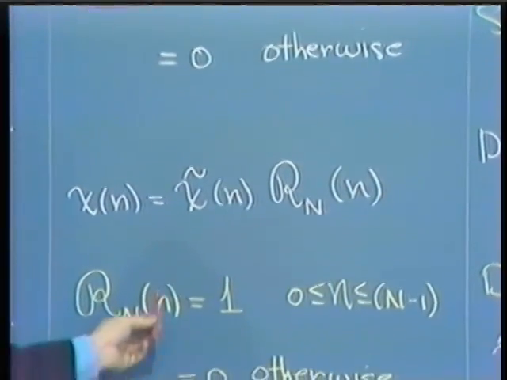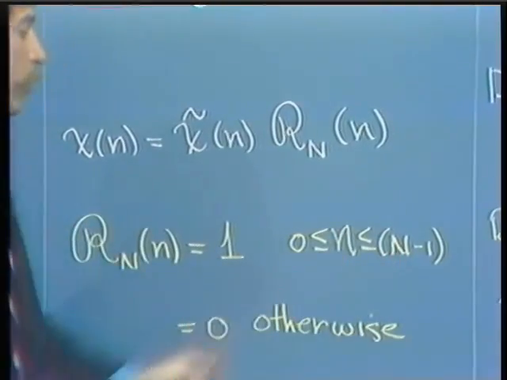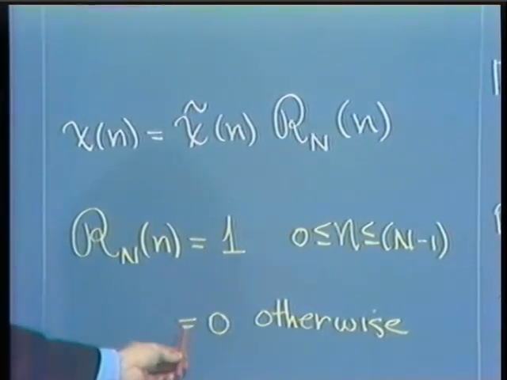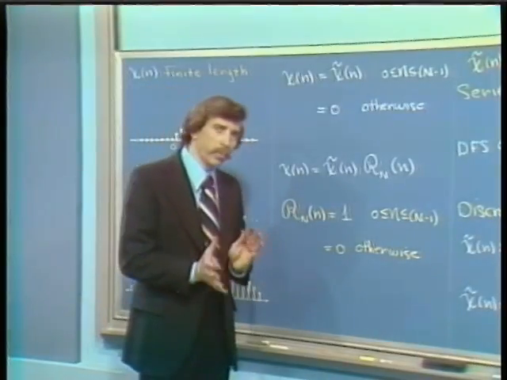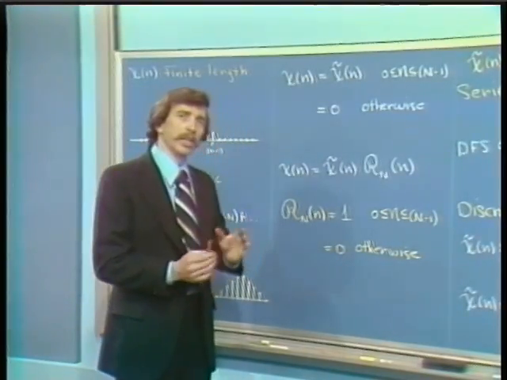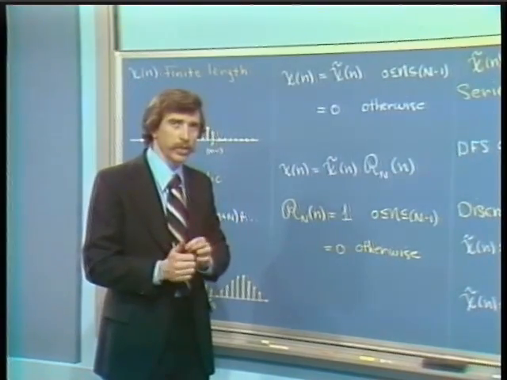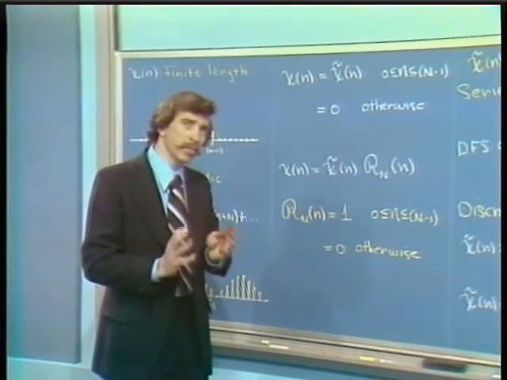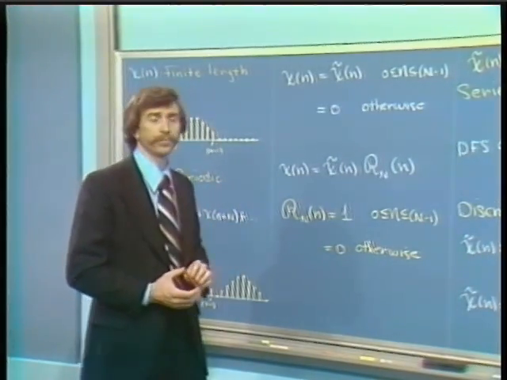R sub capital N of n is 1 for little n between 0 and capital N minus 1, and it's equal to 0 otherwise. All right, so it's important to begin at this point to think of finite length and periodic sequences as more or less the same type of thing, in the sense that it's easy to go back and forth from one to the other.